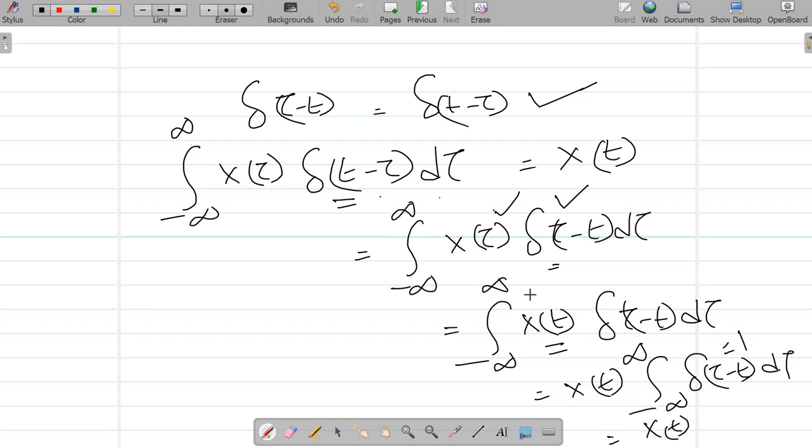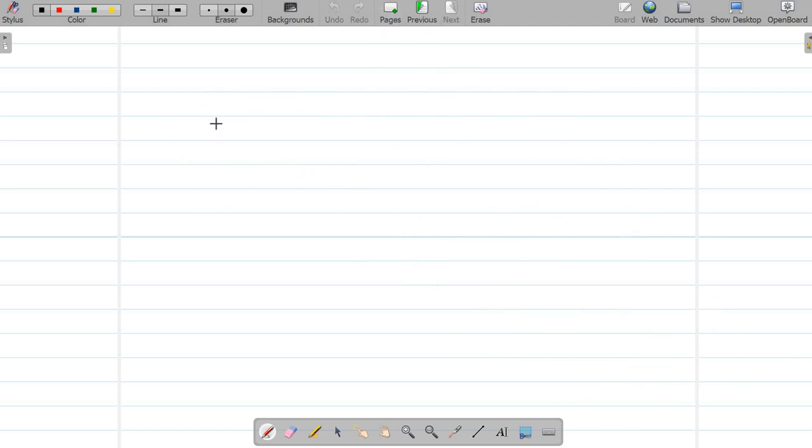Let us now take up another function. This is another signal function, which is known as the rectangular pulse function.